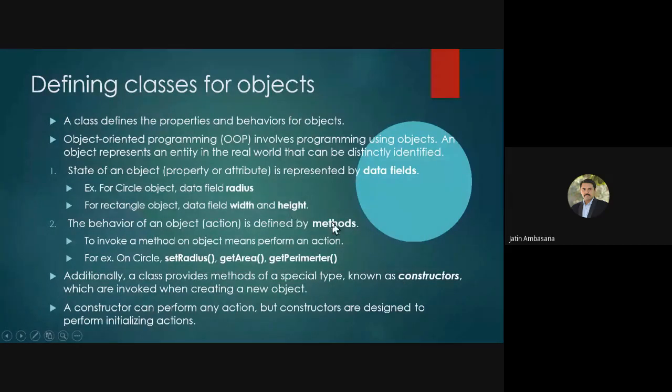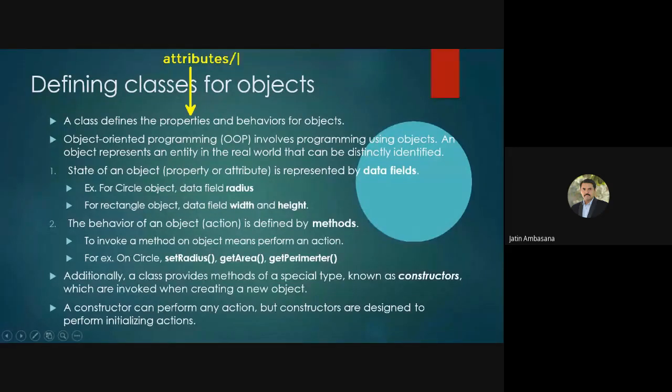So how do we define classes for objects? Basically, a class defines the properties and behaviors. We saw it last time. A class defines 2 things: properties and behaviors. Now, what are properties? Properties are also called attributes.